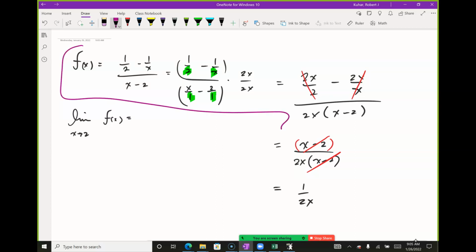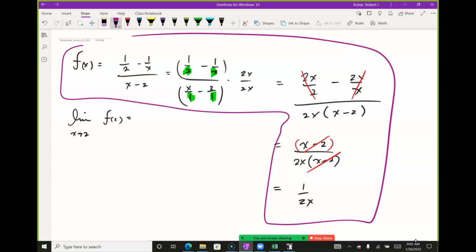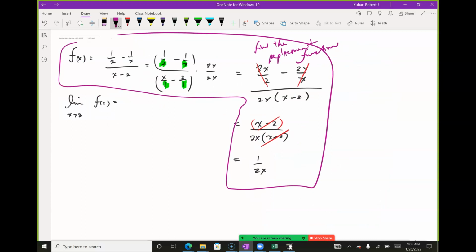So all of this is my work on finding a replacement function, right? So I've got it. I know I'm doing now the limit as x goes to 2 of 1 over 2x. And I'm going to plug that in. No more limit notation. I get an answer of 1 over 4.